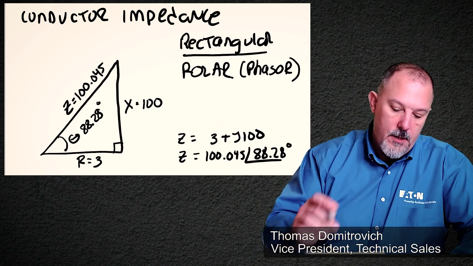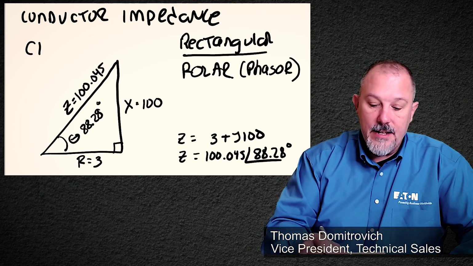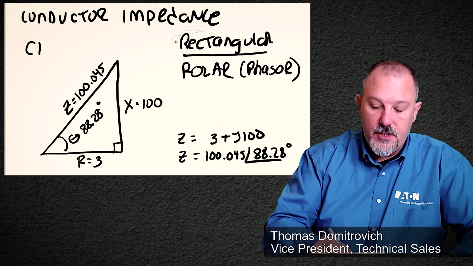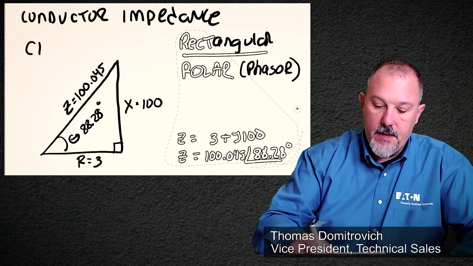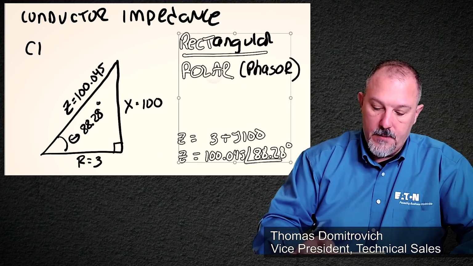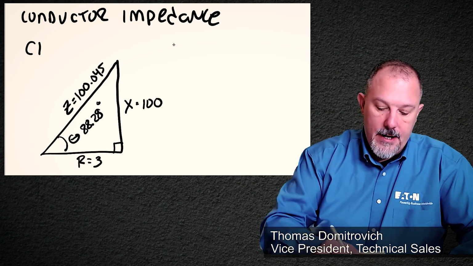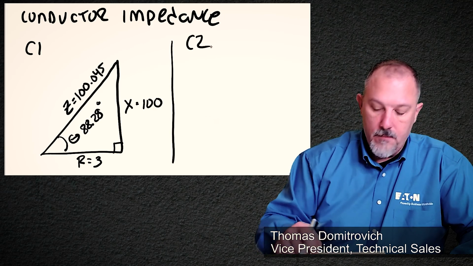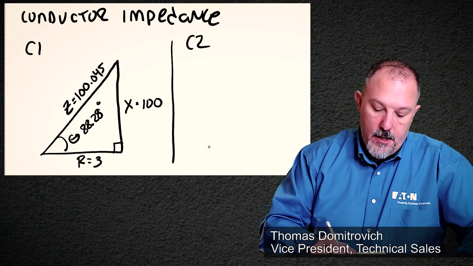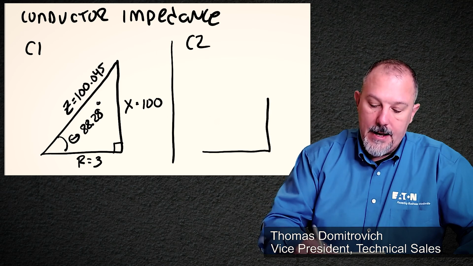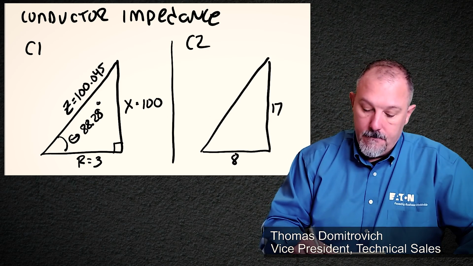So this is C1. Now let's just do C2. I have everything I need for this. Erase that. Now we're going to do a C2, and C2 is going to have an R and an X of 8 and 17. It's a right angle.